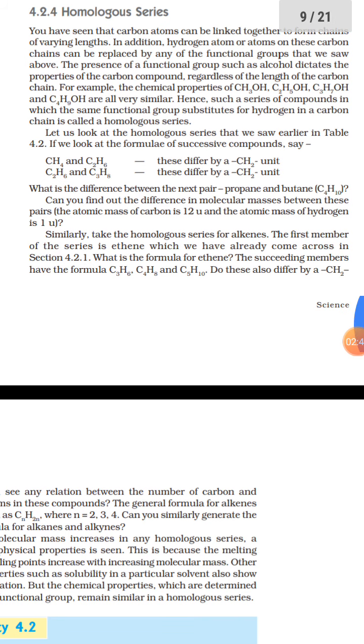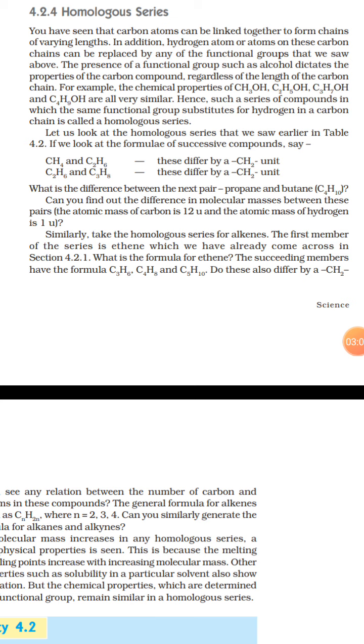Now what is the difference between the next pair, propane and butane, C4H10? Can you find out the difference in molecular mass between these pairs? The atomic mass of carbon is 12 units and the atomic mass of hydrogen is 1 unit.